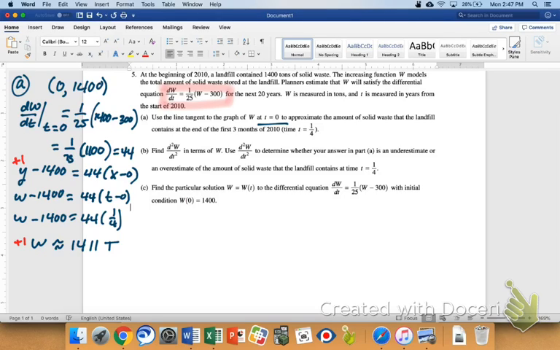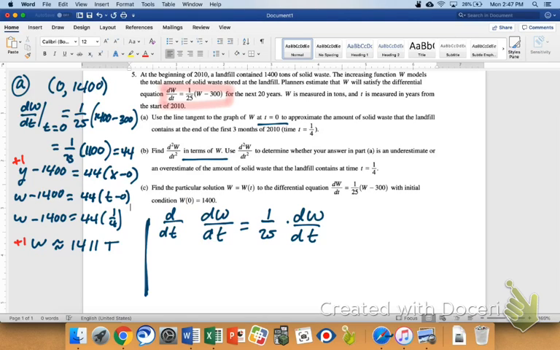Okay, so then finally with B, it says find d squared W over dt squared in terms of W. That's pretty important. So would you agree, hopefully based on what we did earlier, we're really looking for d/dt of dW/dt. Okay, so this would be d/dt of 1/25 times dW/dt.